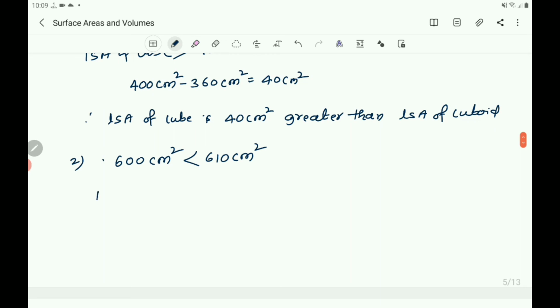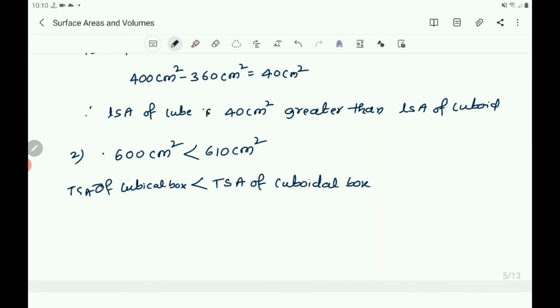That is, TSA of cube is smaller than TSA of cuboid, or TSA of cubical box is smaller than TSA of cuboidal box.